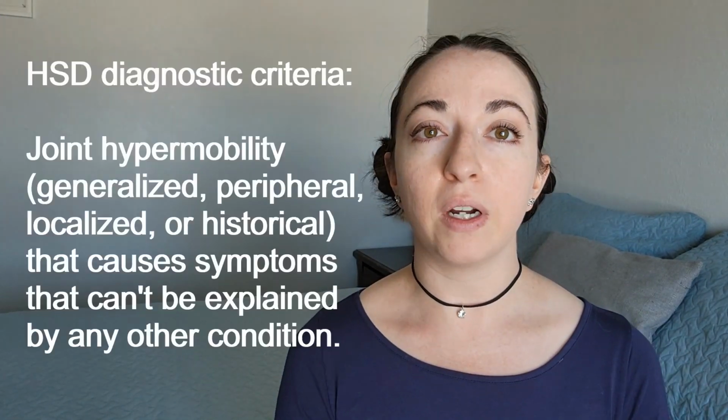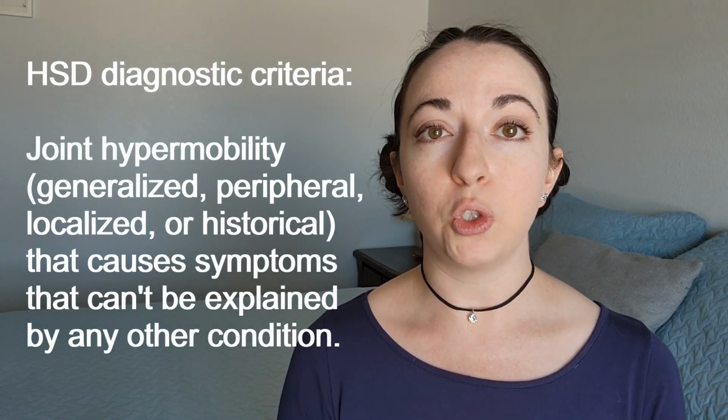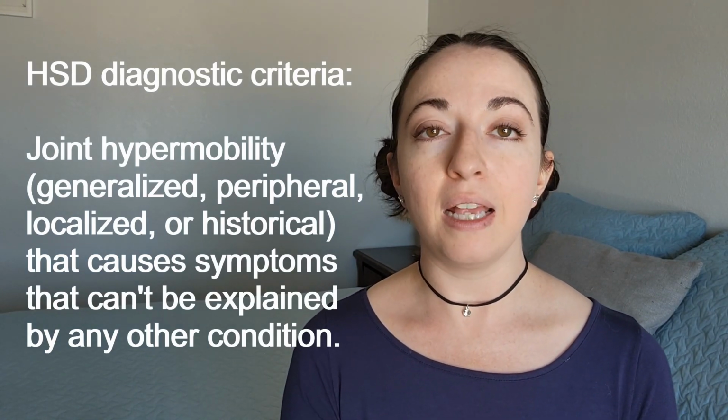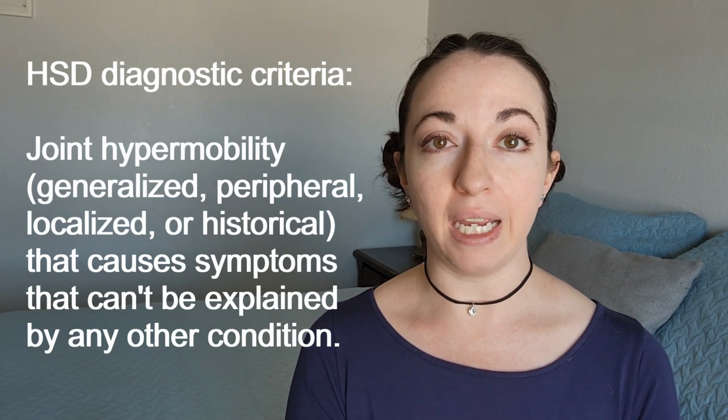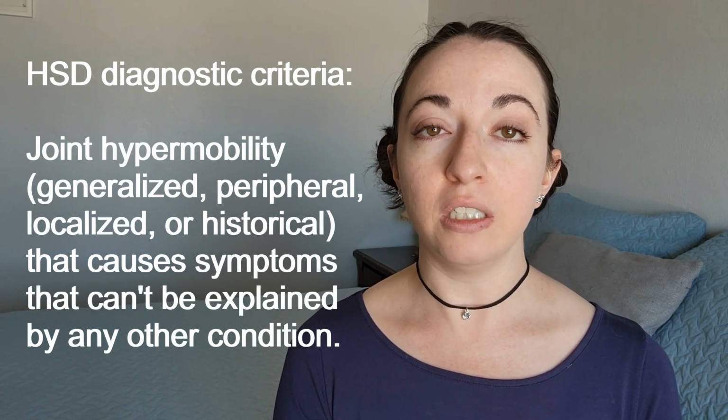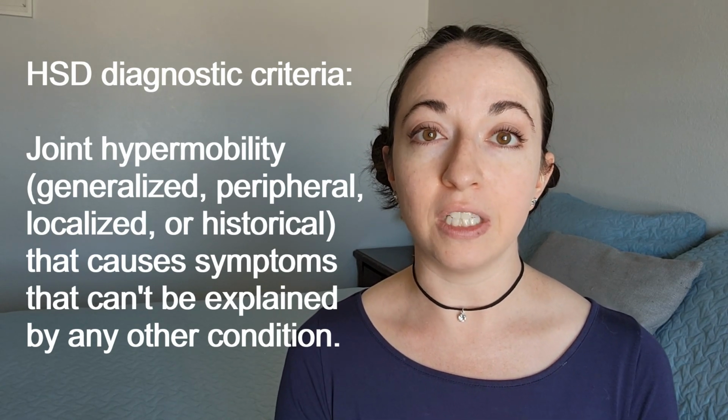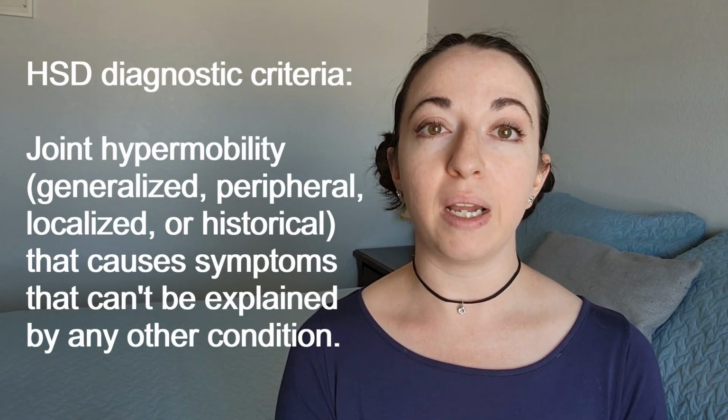The criteria for HSD is simply evidence of joint hypermobility in any form, and then evidence of that joint hypermobility causing problems such as joint pain, joint damage, joint dysfunction, joint subluxations and/or dislocations, etc., that can't be explained by other conditions.